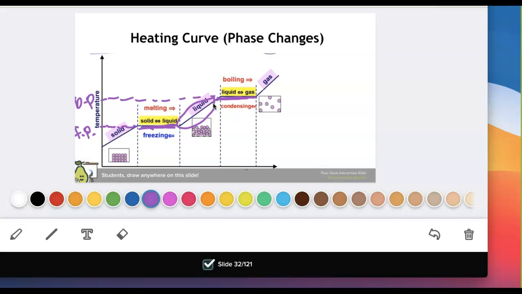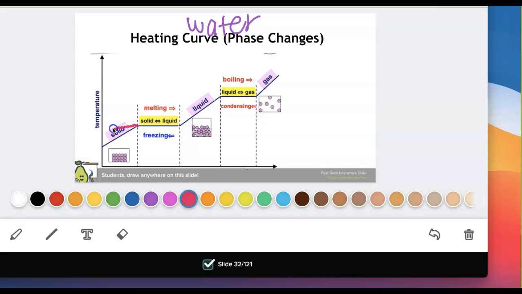Okay? So what happens is, along this curve, we're going to pretend this is water for right now. What temperature does water freeze at in Celsius? Anybody know? 0.